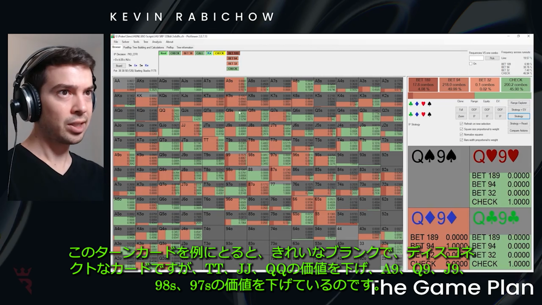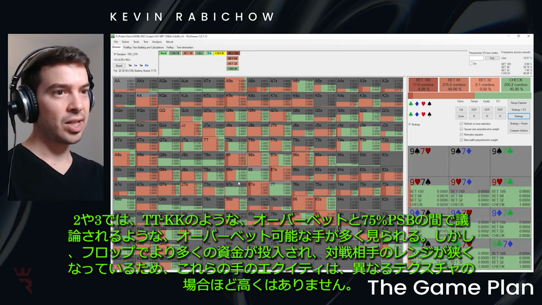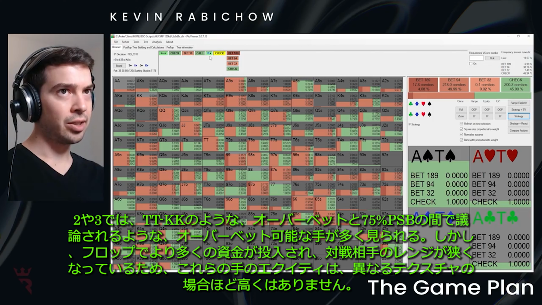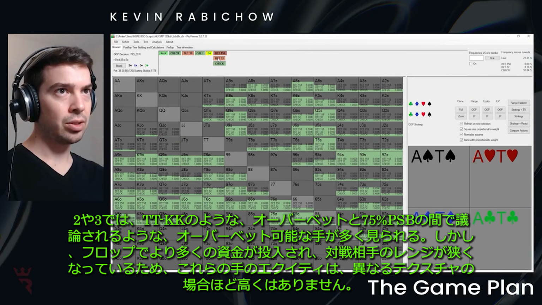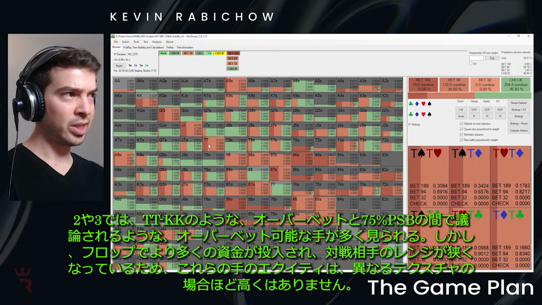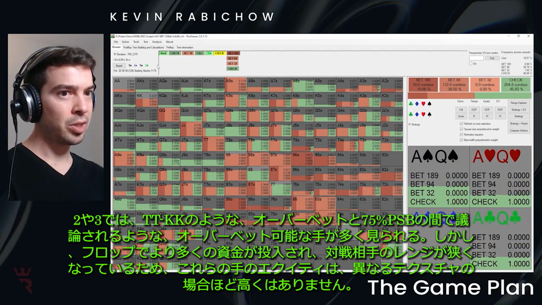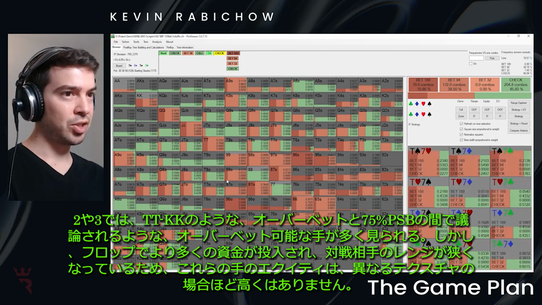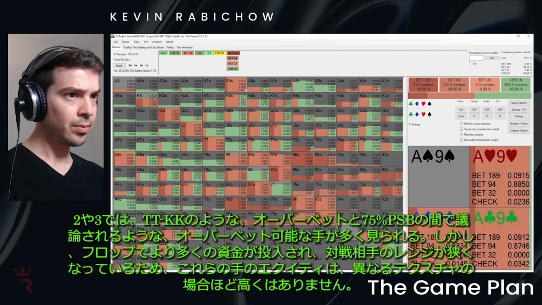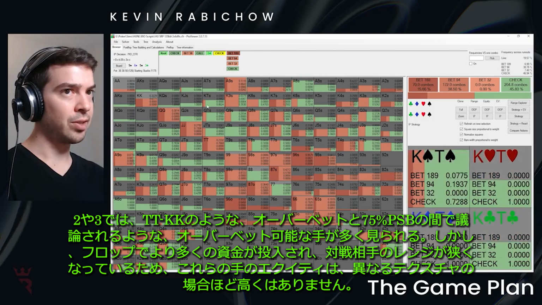It devalues ace nine, queen nine, jack nine, 9-8 suited, 9-7 suited. So a lot of these hands on the deuce or the three would be viable overbets. You can see tens, jacks, queens, kings debating between overbet and 75%. But because more money went in on the flop, because there's a tighter range that we're up against here, the equity of these hands is not as high as it would be on a different texture.